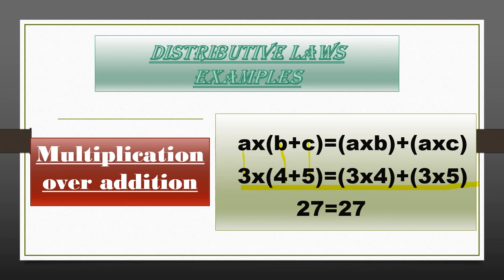It states that multiplying a sum by a number gives the same result as multiplying each addend by the value and adding the products, as shown below. We get the same answers on both sides.